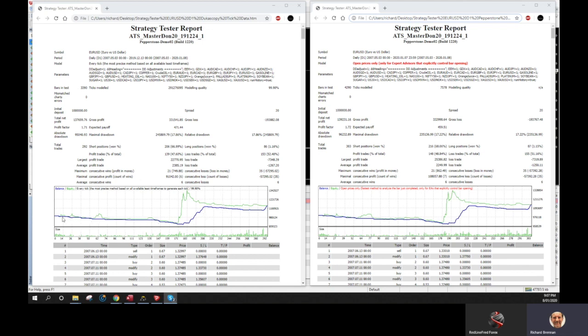When you look visually at the equity curve, the blue line is the realized equity and the green line is the floating equity, and you can see that both charts using either method are very similar. To look at the actual variation, if you come to the total trades, you'll see that on the tick data we took 292 trades, and on our open prices only we took 303 trades.